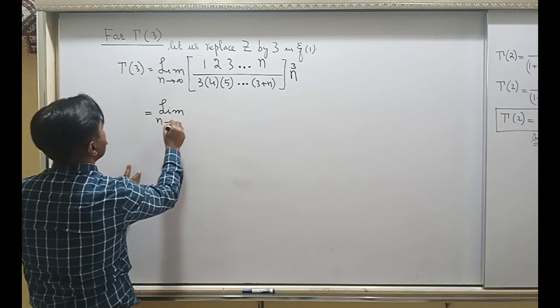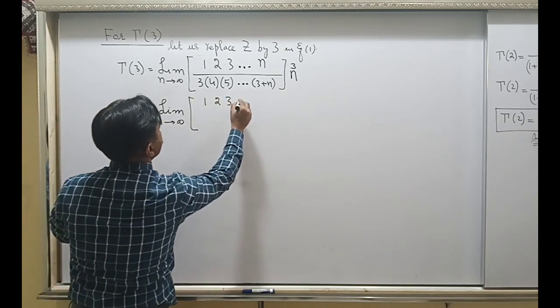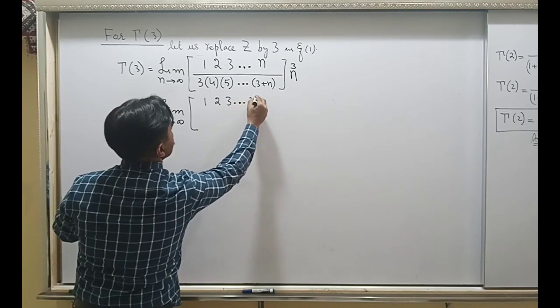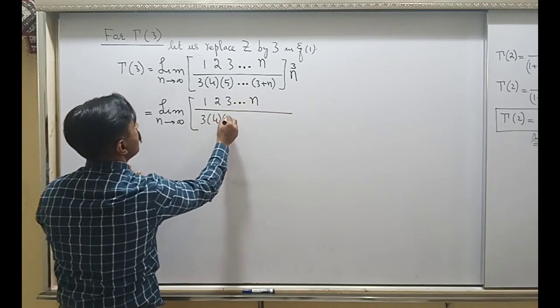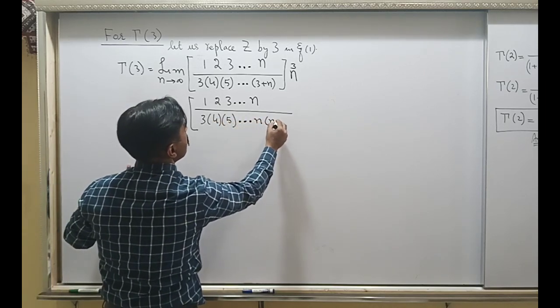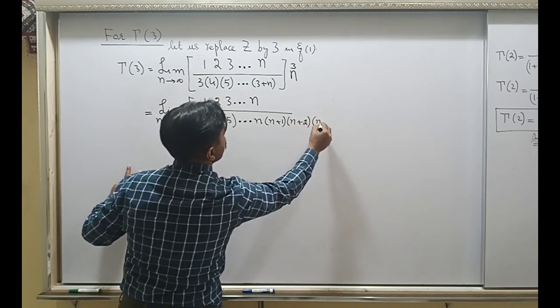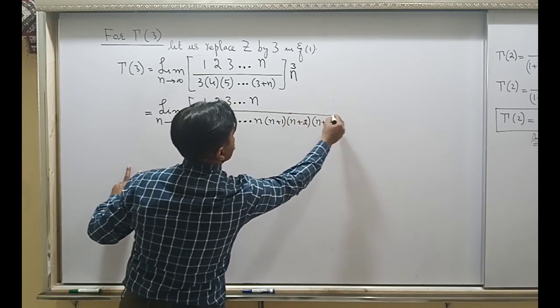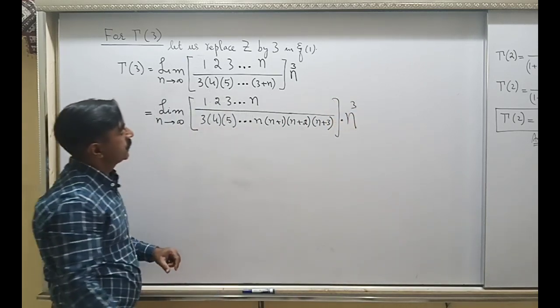Limit n approaches infinity, 1 into 2 into 3 up to n over 3 into 4 into 5 up to n into n plus 1 into n plus 2 into n plus 3 and n cube.